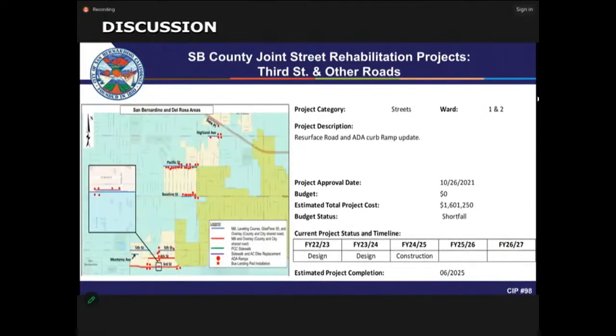The next one is 3rd Street and other roadway areas. Again, it's resurfacing roads and ADA curb ramps, and the total estimated project cost is 1.6 million. The current status is 95% design, and construction completion is in June of 2025.